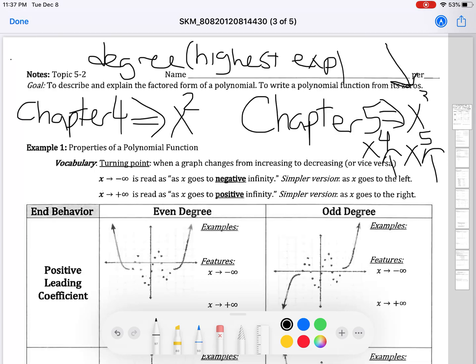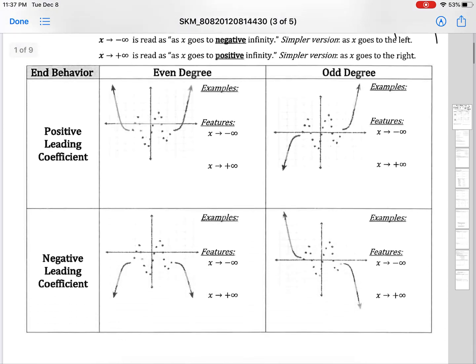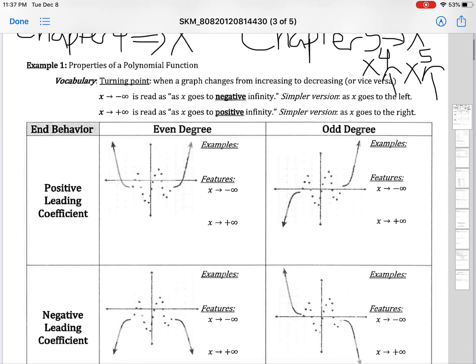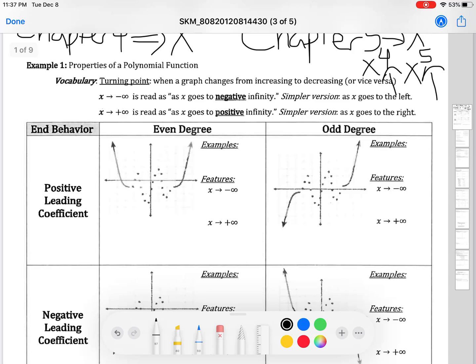When we're looking here at what's going to take place, the first thing we're going to do is start talking about properties of polynomial functions. Okay, and this big thing right here is just a turning point. A turning point is when the graph changes from increasing to decreasing or vice versa, right? So we're going to take a look at that when having some graphs.